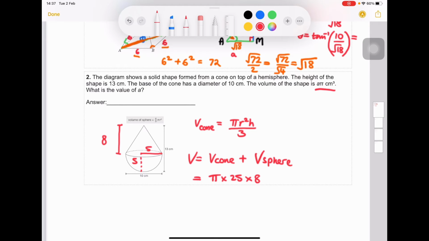So I'll write 8 over 3 plus volume of a sphere, so 4 over 3 pi r cubed, so 5 cubed, which is 125.